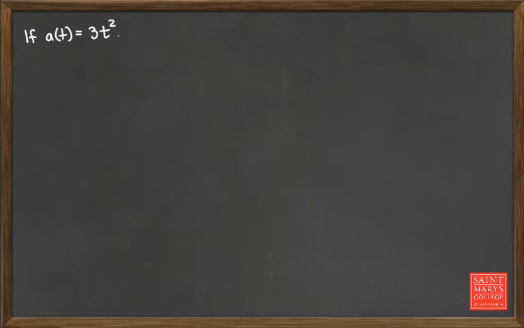So if the acceleration is, say, 3 times the square of time in some arbitrary units, and the velocity initially is 0, so the particle starts at rest, and the position initially is 0. It starts at the origin. Remember, this is t equals 0, this is the origin, and it's starting at rest.